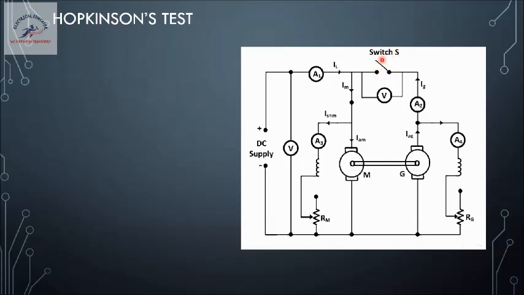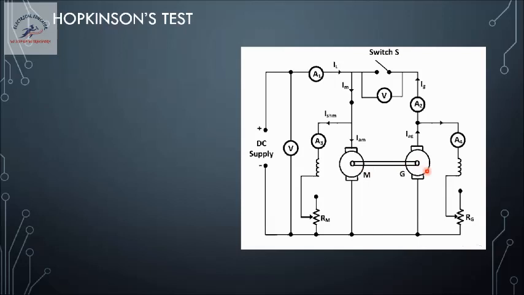Before performing the test, let us connect both the machines electrically first. Initially the switch S is kept open, and supply is switched on. Using the motor field rheostat, the motor is brought to its rated speed. Since these two machines are identical, the rated speed of motor and generator will be the same. And since this shaft connects both, both machines will run at the same speed.